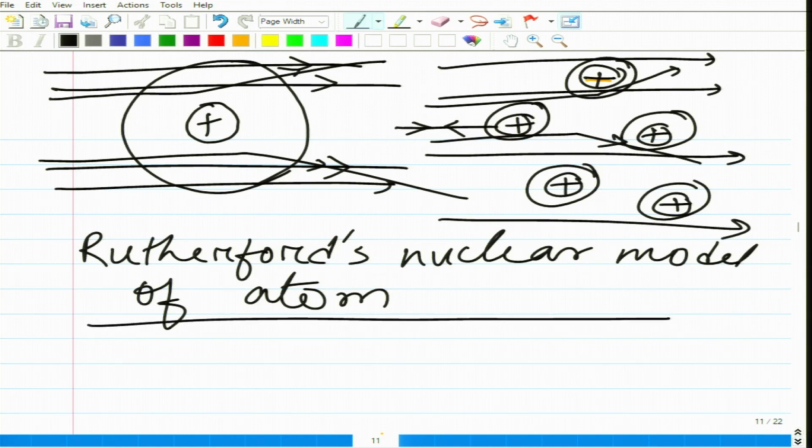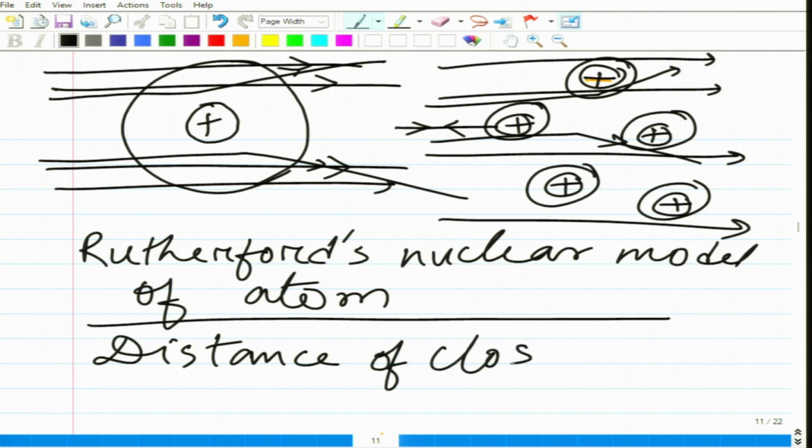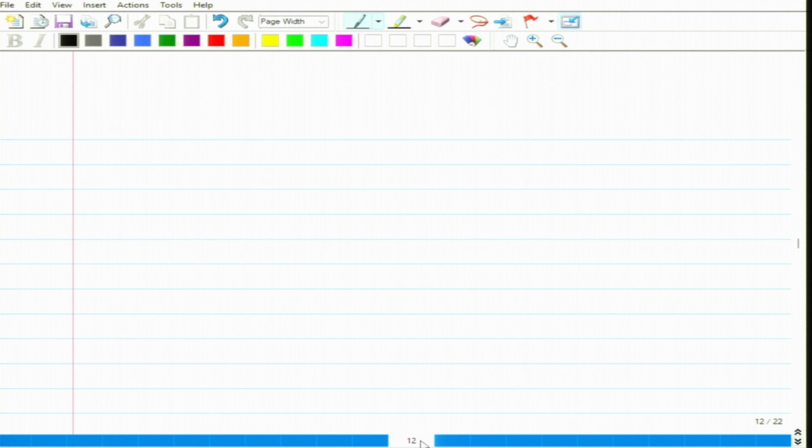Before discussing Rutherford's nuclear model of the atom, there is another point that we need to discuss, known as the distance of closest approach. So, what was the distance of closest approach?